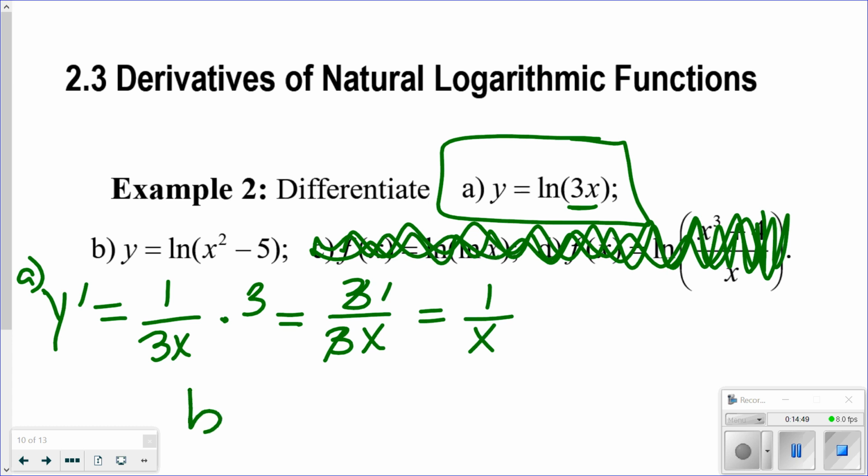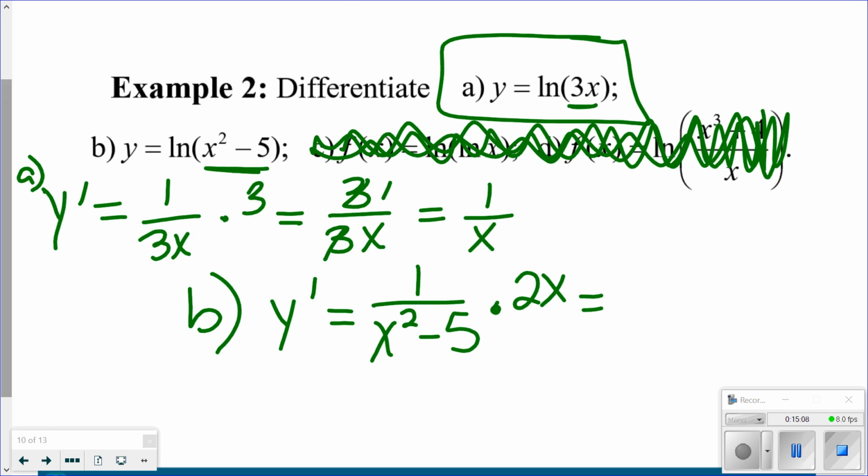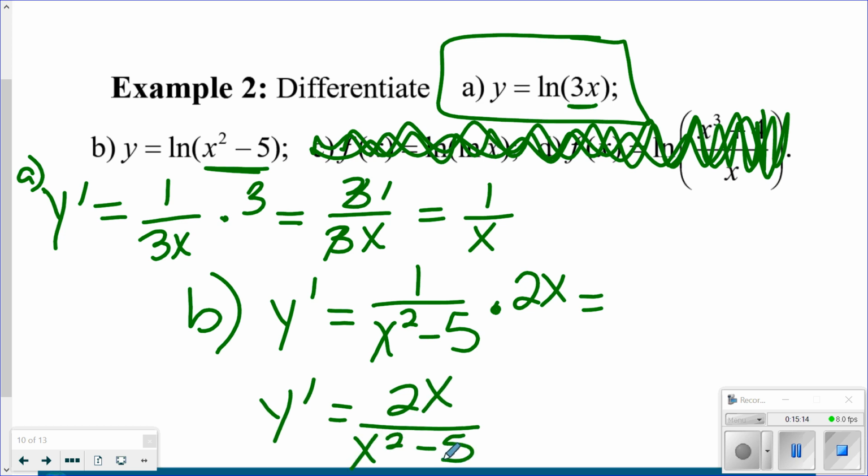On B, I have 1 over x squared minus 5, that's the function in here, times the derivative of x squared minus 5, which is 2x. So my final answer on that one is going to be 2x over x squared minus 5.